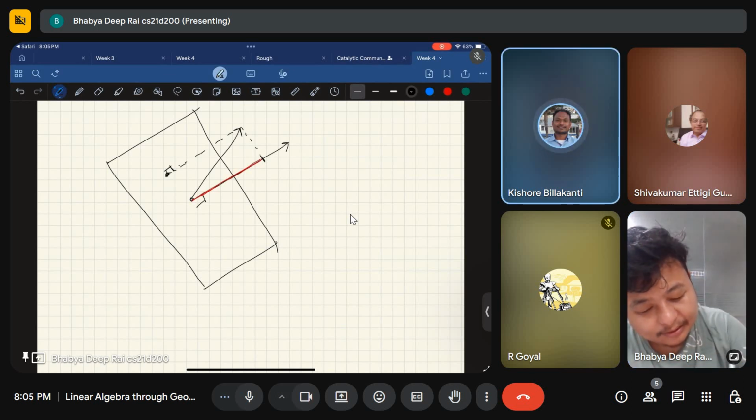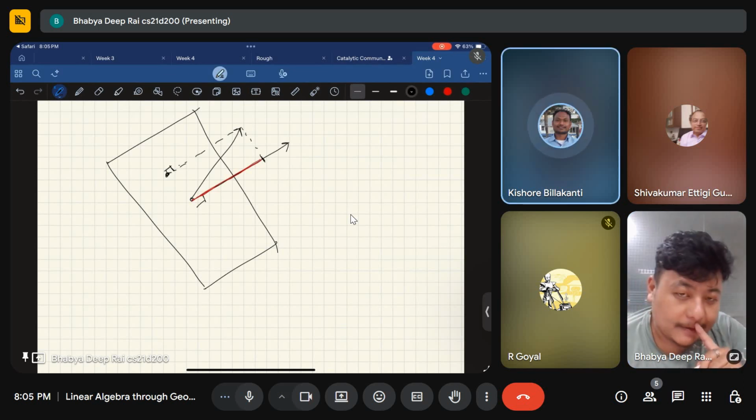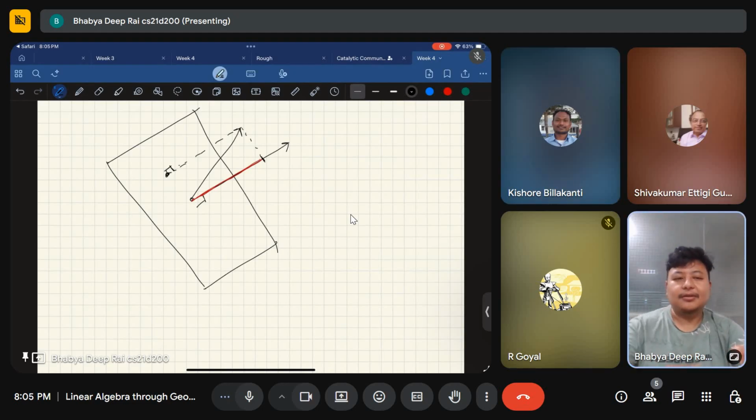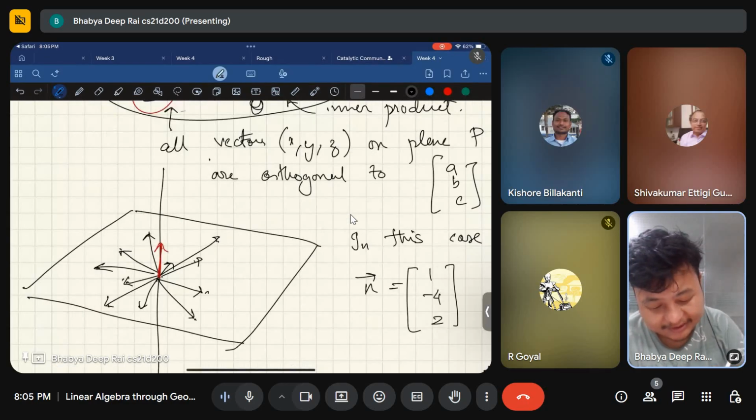Sorry, just to interrupt. When you say normal, it is just the vector with 0 degrees where exactly it falls. Is that? No. A normal is a vector which is orthogonal to all the vectors that lie on the plane. Okay, so that's what I meant by this. So look at this plane.